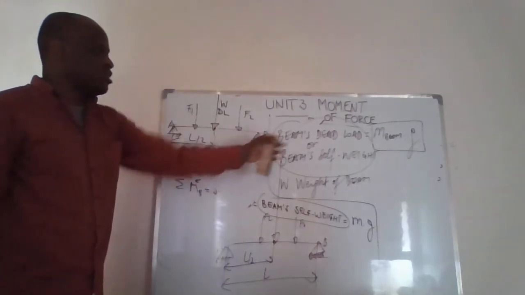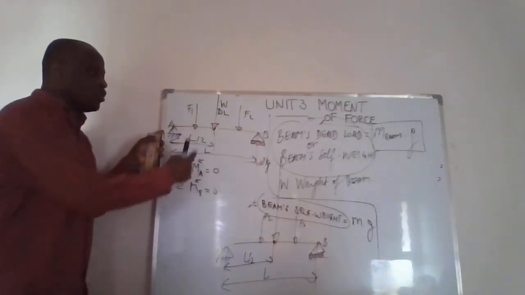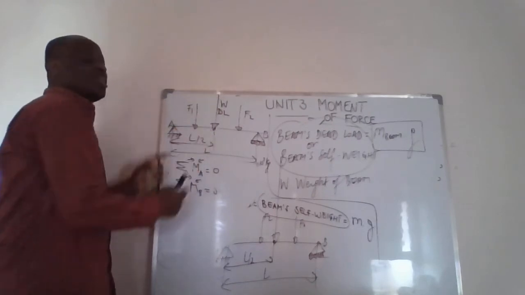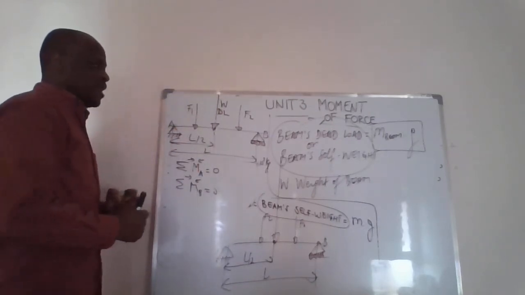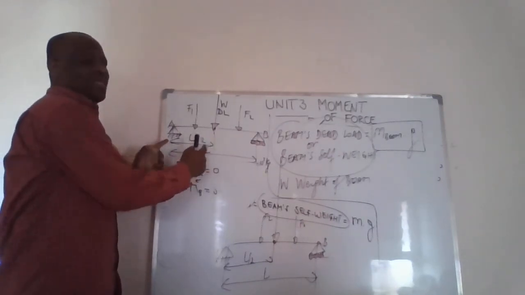Similar to the previous situation, but here in the equation, we need to consider the dead load if it's requested to be considered. And the moment arm will be at half of the length.